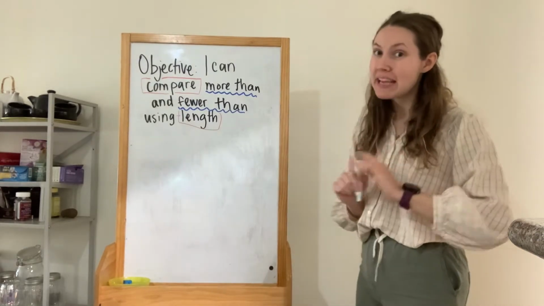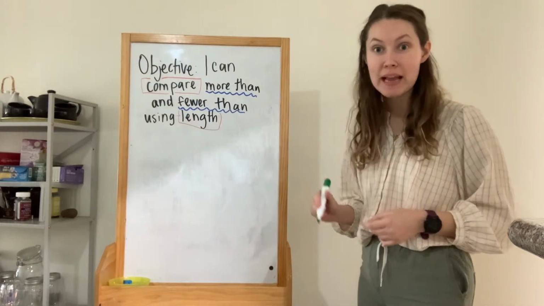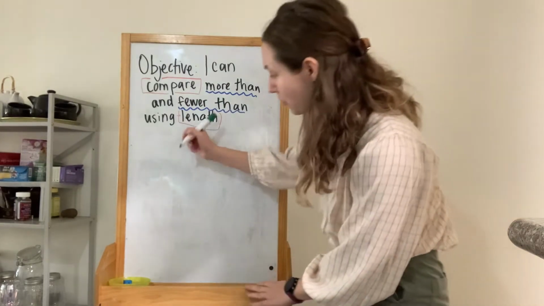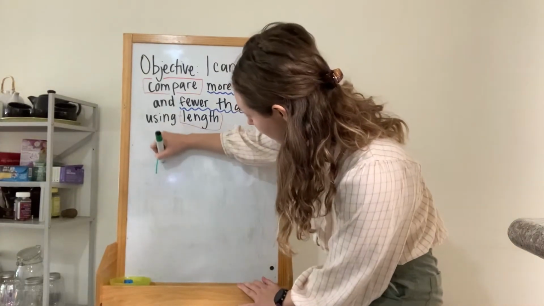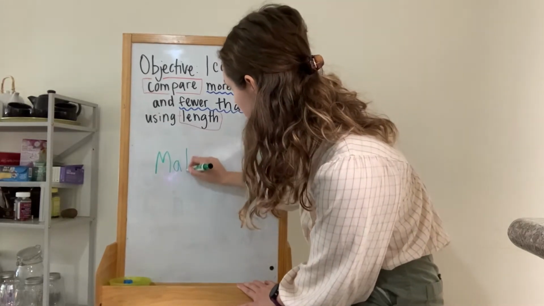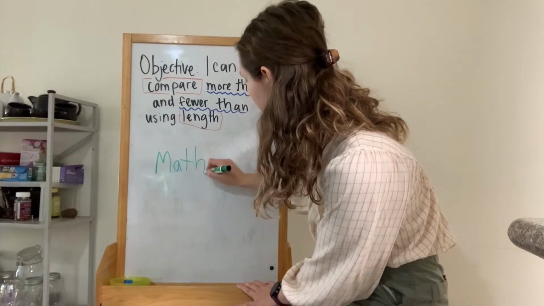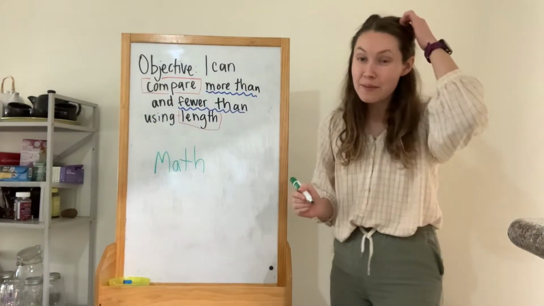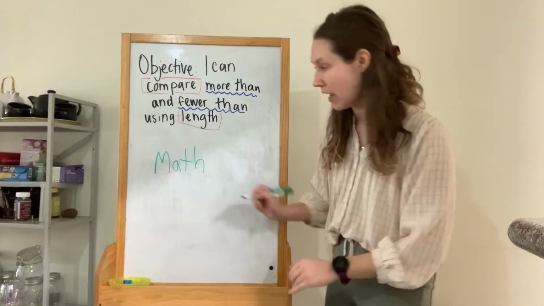I want you to take out a whiteboard and I'm going to have you write two words, okay? The first one is going to be the word math. So we're going to write math, M-A-T-H. Now we're going to write the word reading. Let's write the word reading right under that word.